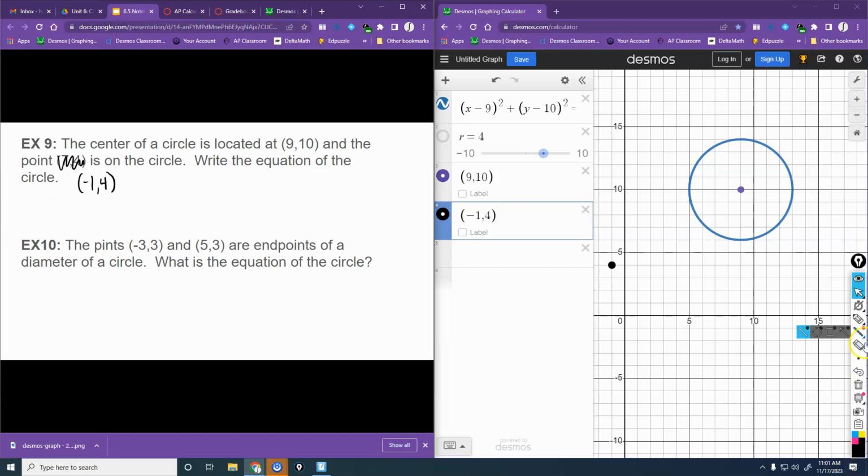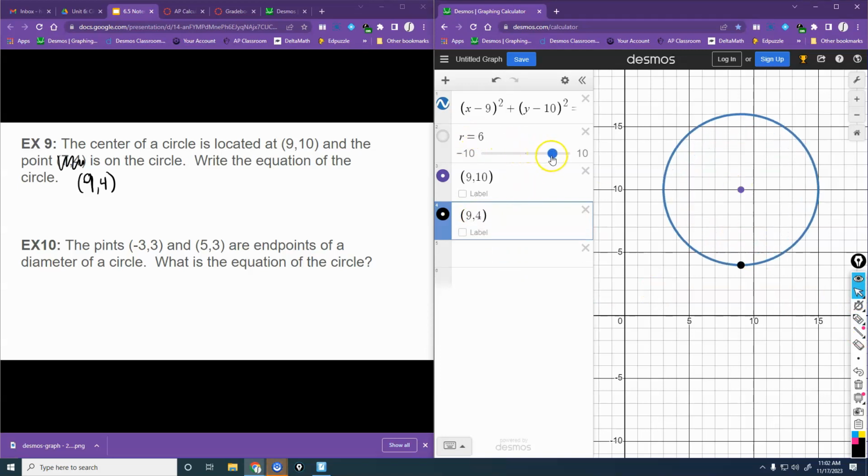Here we go. All right, let's try again. 9, 4 is right here. I can use my slider. I can see that that should be 6. And really, I can count that it should be 6 from the graph with this one. I will not give you one that's not whole numbers; if I do, you will definitely have a multiple choice for that, so you have options.